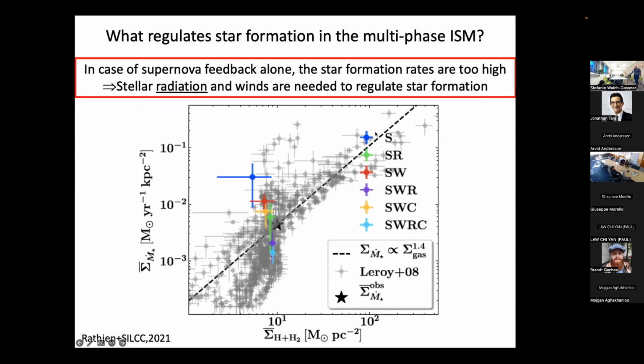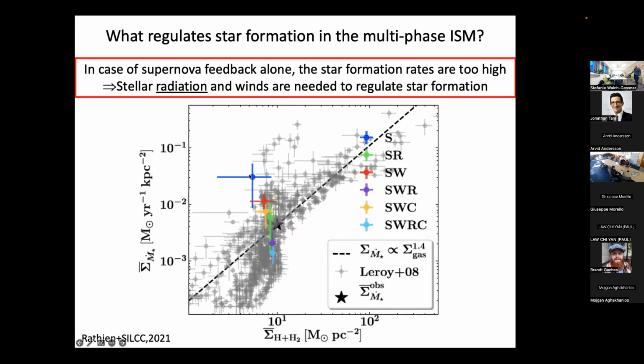In particular, we ran one model where we only have supernova feedback. This is this blue point S. Then we have supernova and radiation feedback, so ionizing radiation in this case. Supernova and wind, so no radiation, but only the stellar wind. Then we have supernova, wind and radiation, supernova, wind and cosmic rays, and supernova, wind, radiation, and cosmic rays, everything.